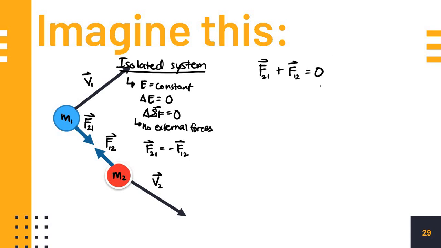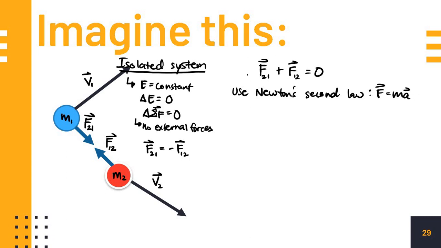Alright, now let us use Newton's second law to get the equivalent values of these forces. According to Newton's second law, force is equal to the product of mass and acceleration.